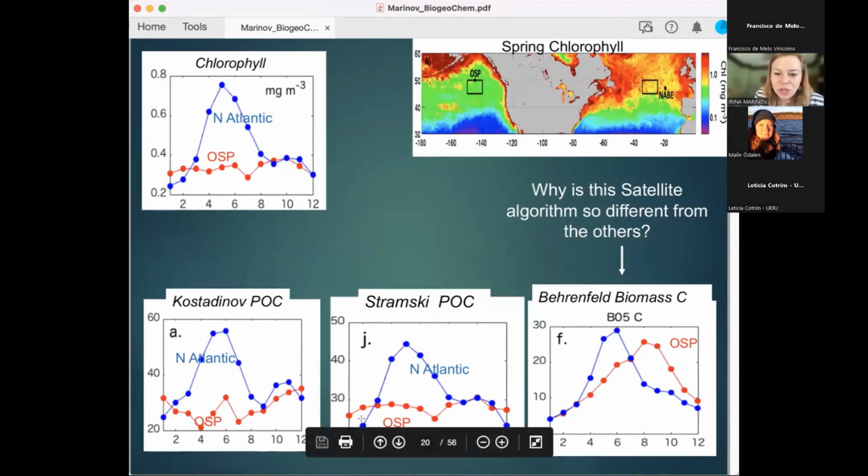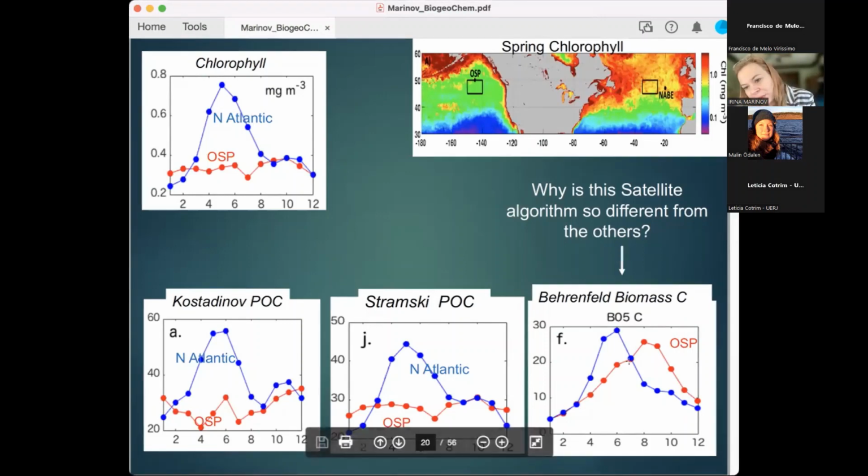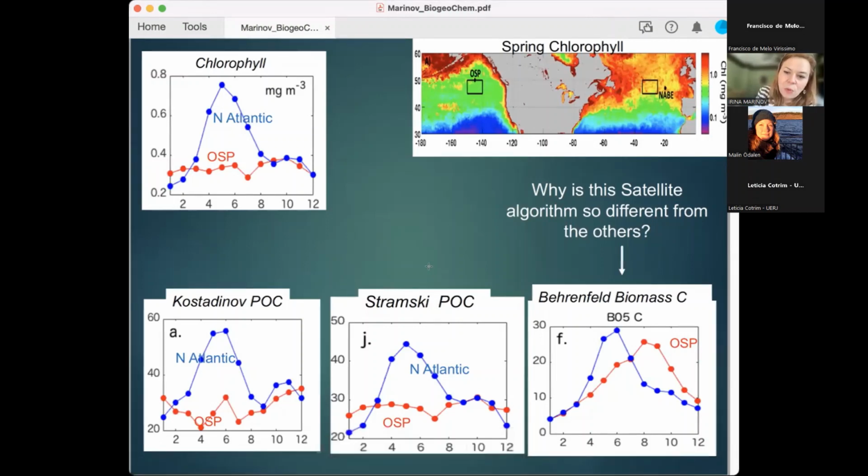There's a huge spring bloom in the North Atlantic and not much blooming at Ocean Station Papa. However, a Westberry 2016 paper claimed that they actually see a very big bloom at Ocean Station Papa, and this bloom is in the summertime, which is a very different picture from what these other products have told us.